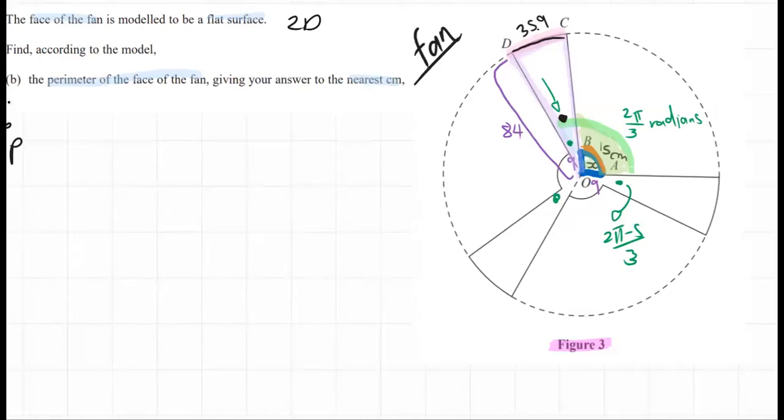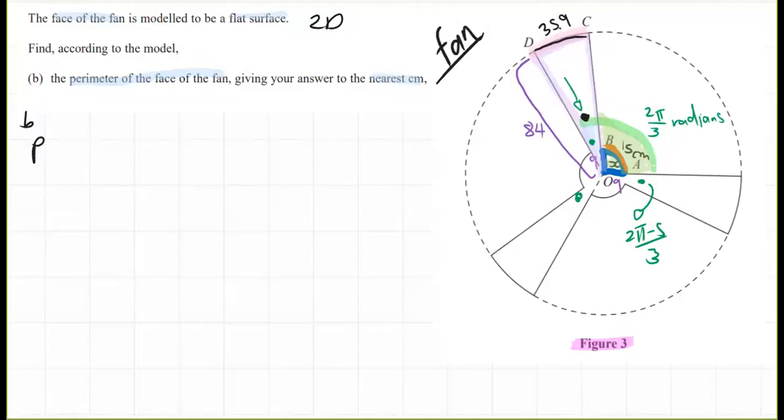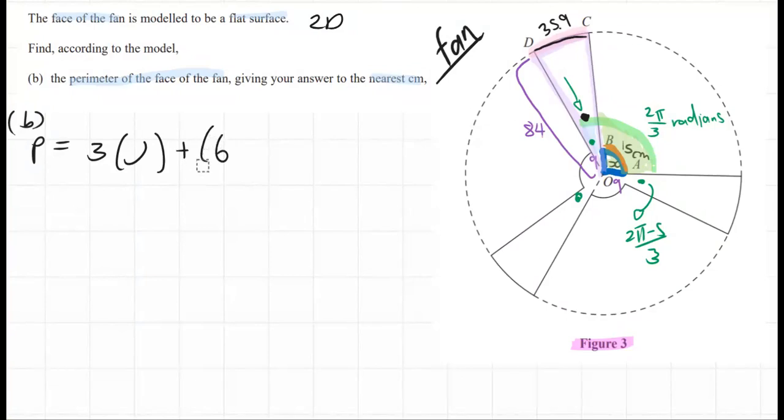So for number B, our perimeter equals, basically, we're going to have 3 of those curvy lines that look like this, plus 6 of the straight lines. And then there's 3 on the edge lines, these ones, 3 of those.